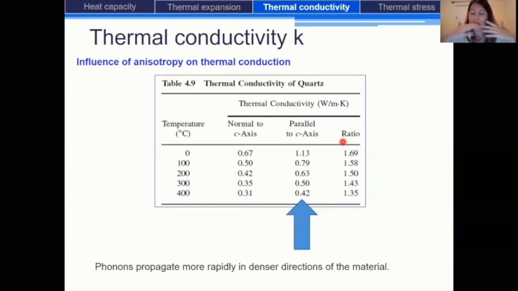And you can see that this ratio is decreasing, which is due to the fact that due to the vibration of the lattice, the scattering of this phonon will increase. And so the result is to decrease the anisotropy of thermal conduction in this material with rising temperature.